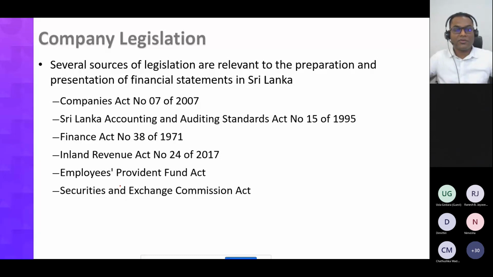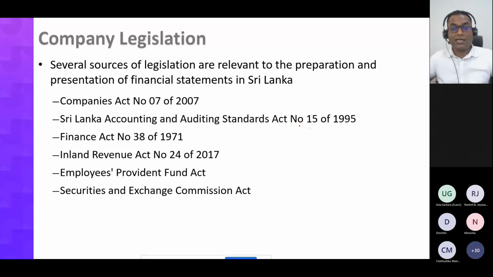Companies Act number 7 of 2007. As per that, all companies are required to prepare the financial statements as per the accounting standards. Plus, there are so many other provisions like solvency test under the distributions. There are a lot of provisions which are applicable for the preparation and presentation of financial statements. Then we have Sri Lanka Accounting and Auditing Standard Act number 15 of 1995. This is the act which gives CA Sri Lanka the authority.